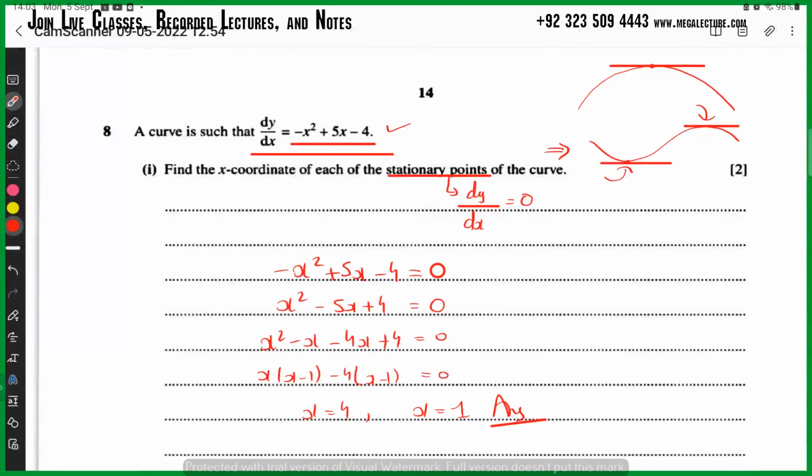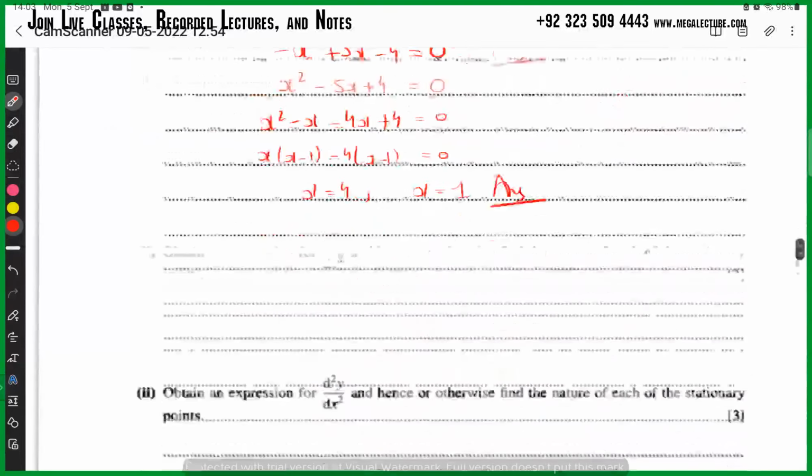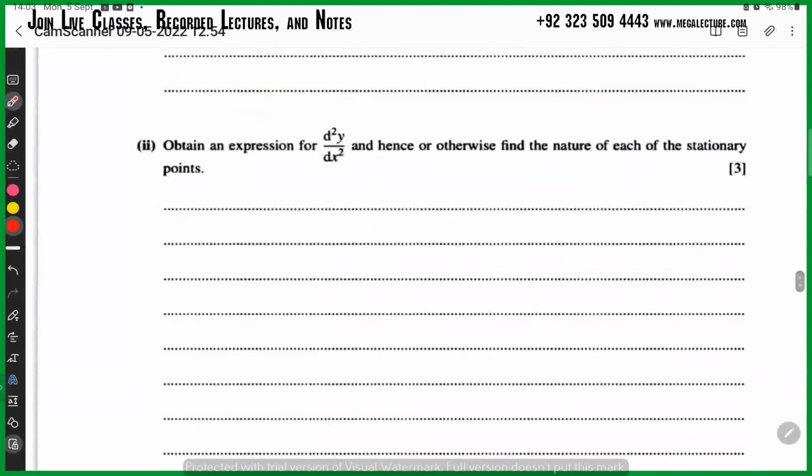Okay. Let's talk about the next part. Now it says obtain an expression for this. This is basically the second derivative. Very good. It is the second derivative, but it's nothing new. If you have y, the first derivative is dy by dx. How do you get this? By differentiating y, right?